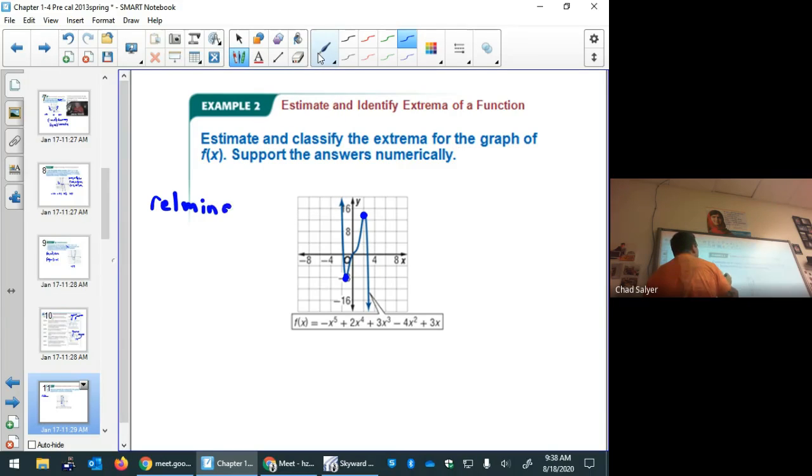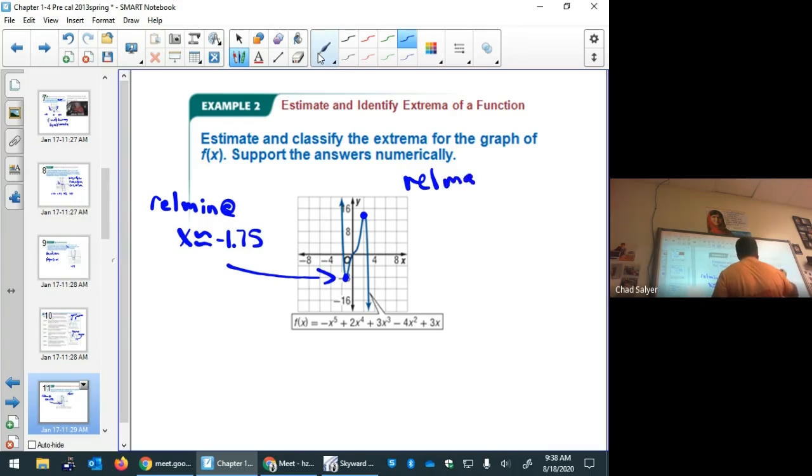Relative min at about x equals negative 1.75. That's my guess. And that's this value. And then a relative max at about x equals 2. So those are my guesses.